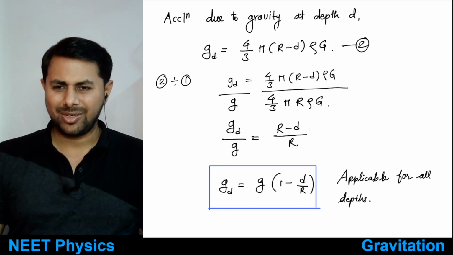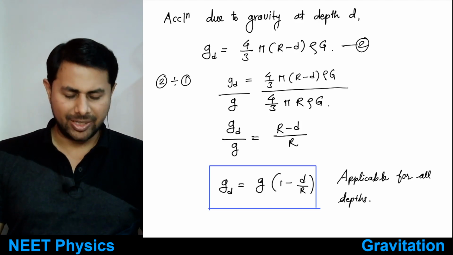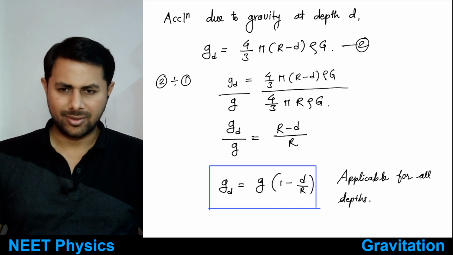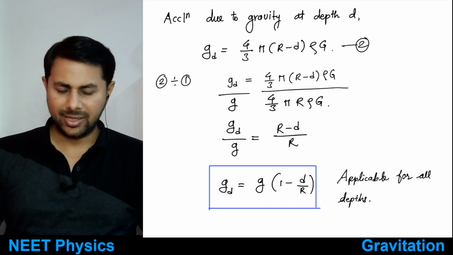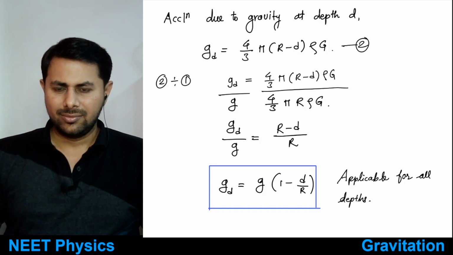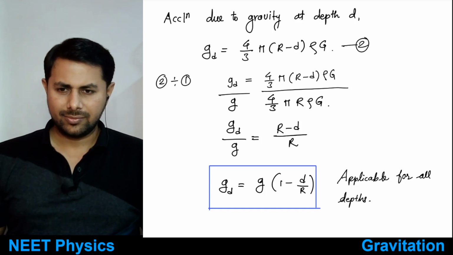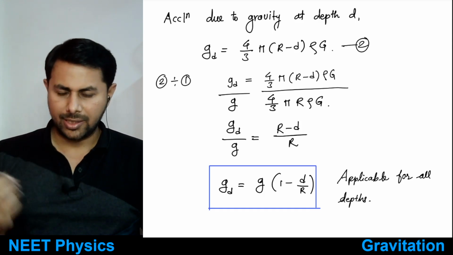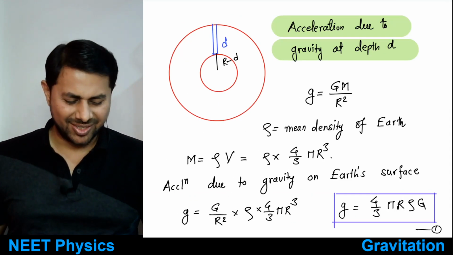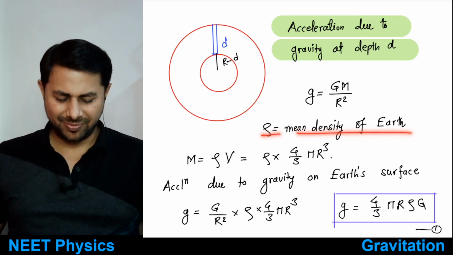Now where is it applicable? Up to what depth would it be applicable? All depths, right? Is there any approximation in this one? There is a little approximation, not little, actually it's a big approximation, that rho is the mean density of earth.